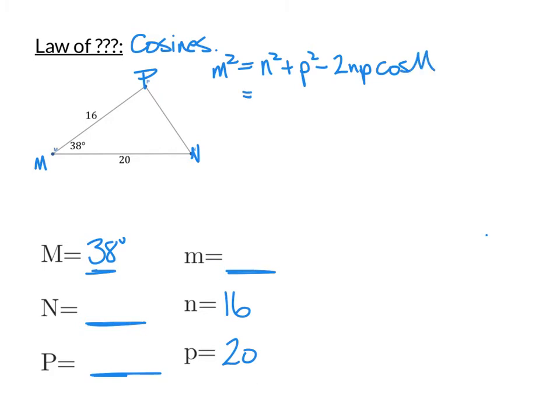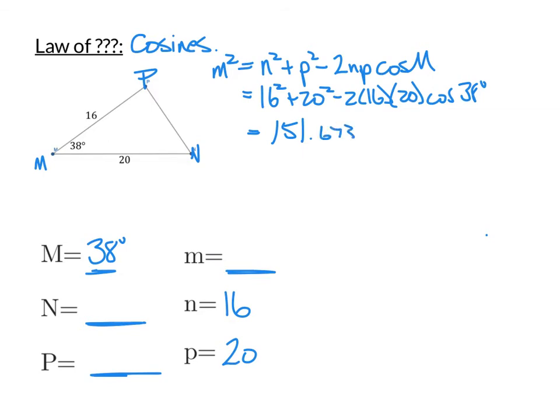So just plugging in all these values, 16 squared plus 20 squared, minus 2 times 16 times 20, cosine of 38 degrees. When we type that all in the calculator, we get 151.673. Now that is not our side length. Remember, that is m squared. So we need to take the square root of both sides, and we'll get m to be about equal to 12.315.